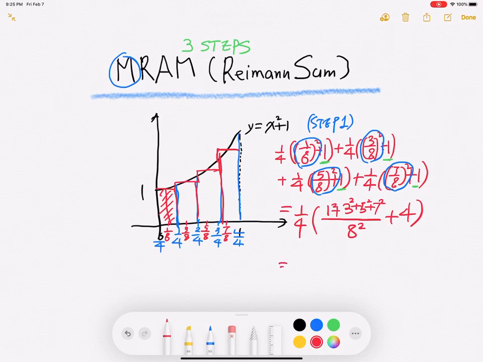Okay? And then 8 squared is 64. And then 1 squared plus 3 squared plus 5 squared plus 7 squared. I quickly use my calculator. 1 plus 9 plus 25 plus 49 is 84. My calculator says that's 84. So 84 plus 4.